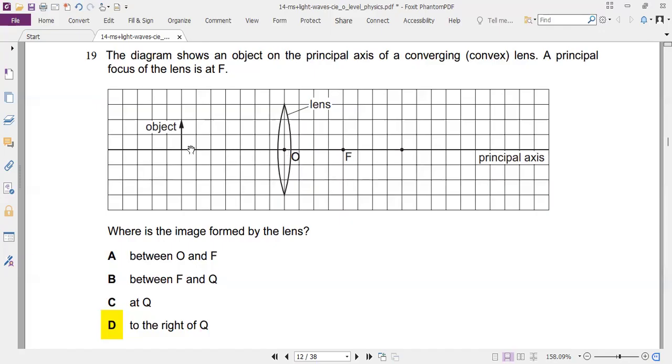If the object is at 2F, the image is also at 2F. If the object is beyond 2F, the image is between F and 2F. If the object is between F and 2F, the image is beyond 2F. So it will be to the right of the Q. Again, the Q is missing here. Consider this point as Q. O, F, Q. So the image will be right of the Q.